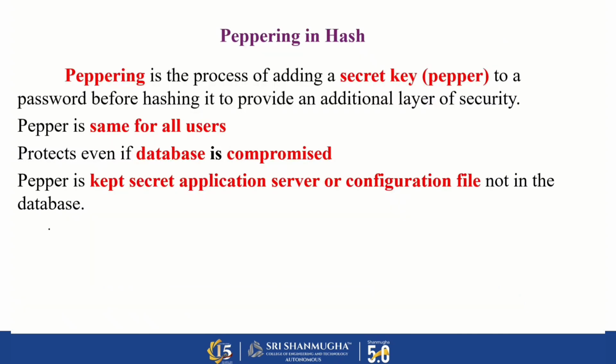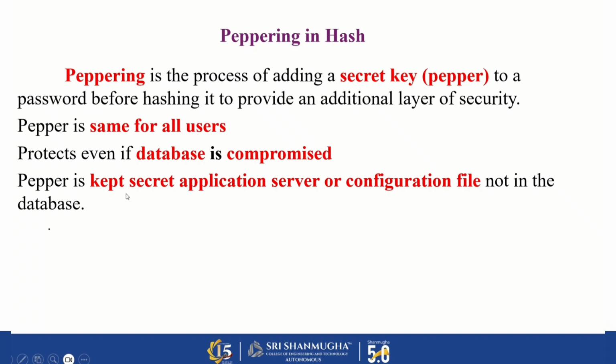Pepper is a process of adding a secret key to the password before hashing. The pepper is the same for all the users, whereas salt is unique for each and every individual user. It protects you even if the database is compromised.